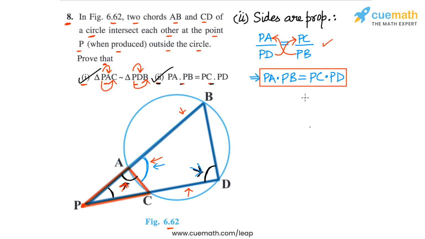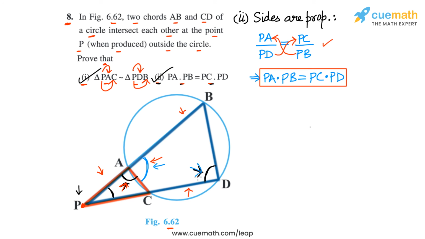And by the way, this is an interesting result on circles, which basically says that from an external point, in this case P, if you have two secants drawn to a circle, in this case the two secants are PB and PD, then the product of PA, which is the segment drawn from the external point to the first point of contact, into the entire segment PB is equal to PC into PD.